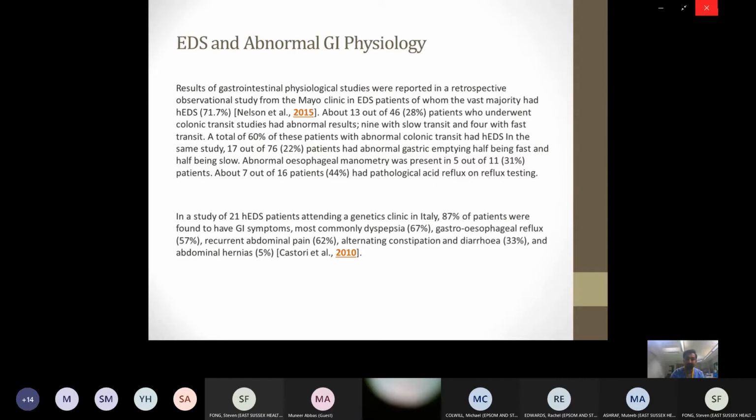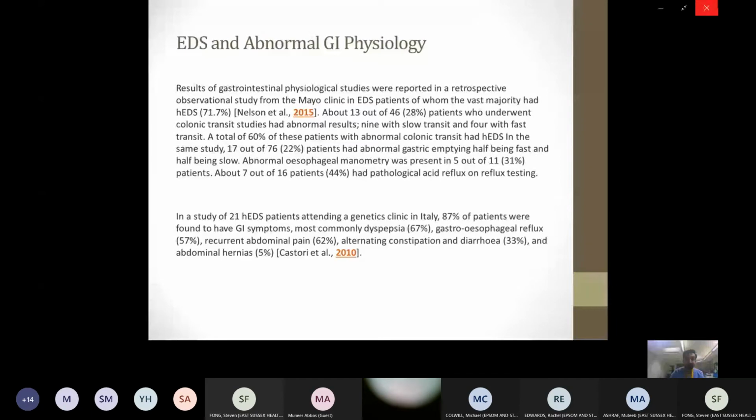The study was carried out in 2015, and it was found that 28% of the patients who underwent colonic transit studies had abnormal results. 60% of these patients with abnormal colonic transit had hypermobile type EDS. 22% of patients had abnormal gastric emptying, 31% had abnormal esophageal manometry, and 44% had pathological acid reflux on reflux testing.